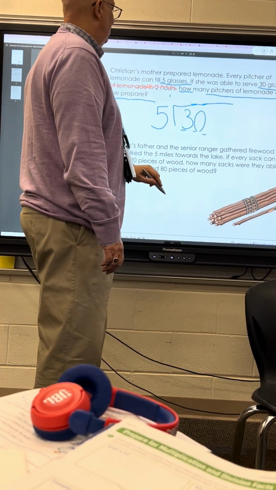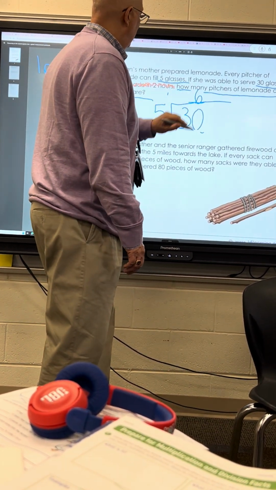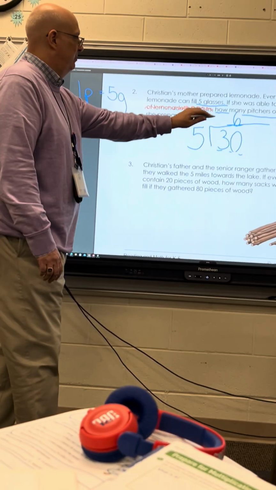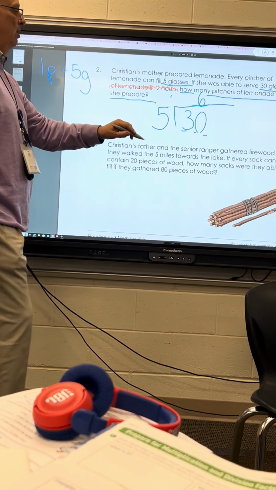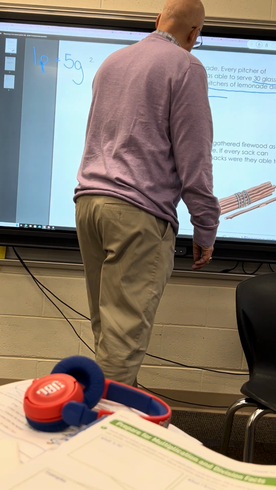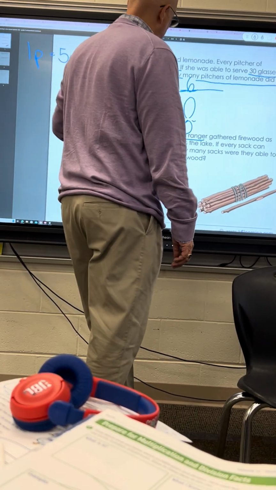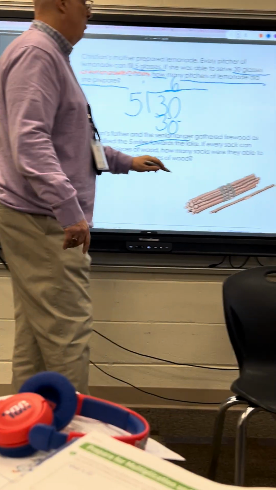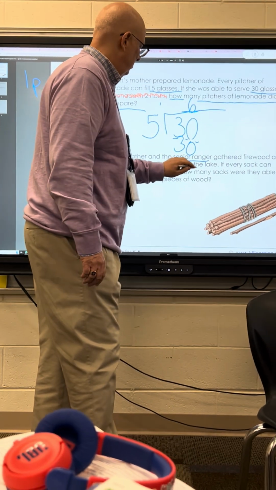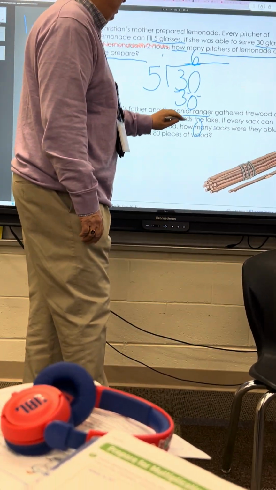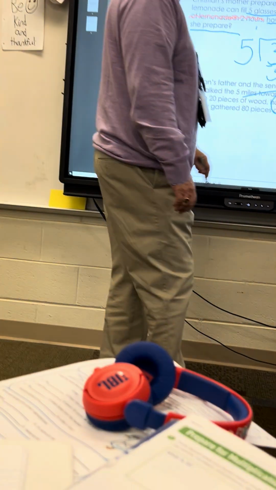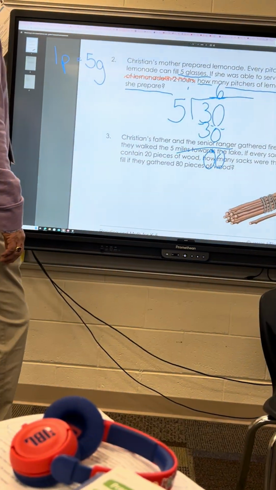Yep, that's 6. 6 times 5 is? 30. You sure? Alright. I'm gonna skip count. 30 minus 30, 0. Are we done?